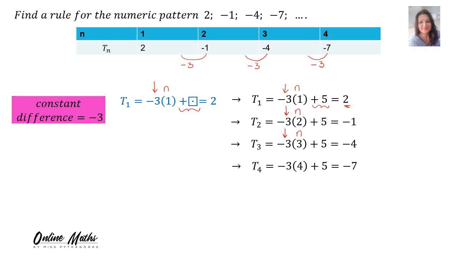Term 4, constant difference times n plus 5 is -7. Yes, therefore, the formula for the general term will be Tn equals -3n plus 5. Can you see? Constant difference times n plus 5.